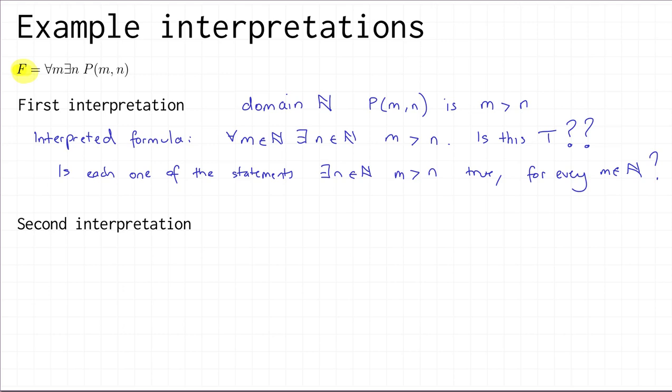And of course, the answer to this, well, pause the video and think about it for a moment. The answer to this is no, right? This is not true. So the reason it's not true is because if you take m to be 0, for example, there is no natural number which is less than 0.